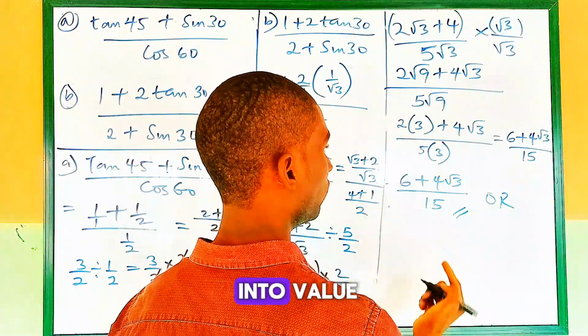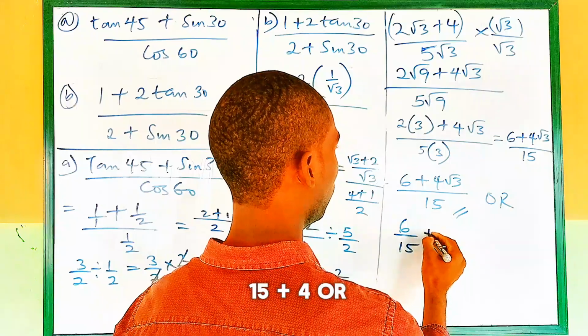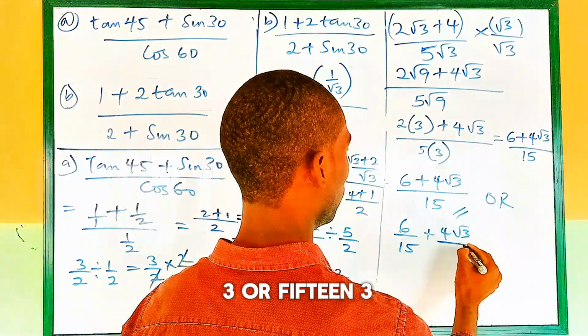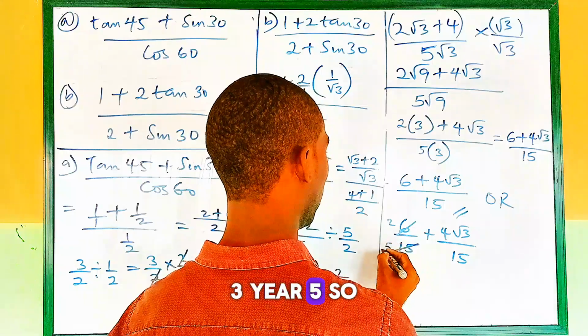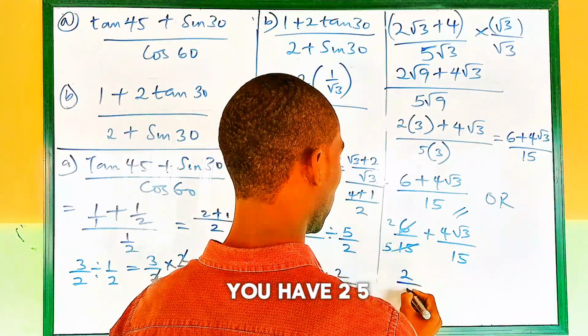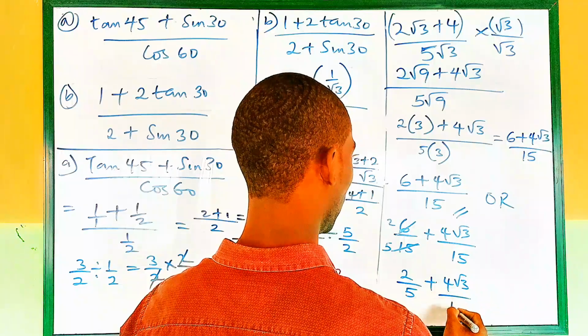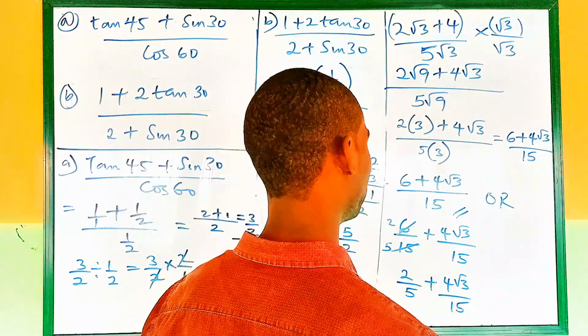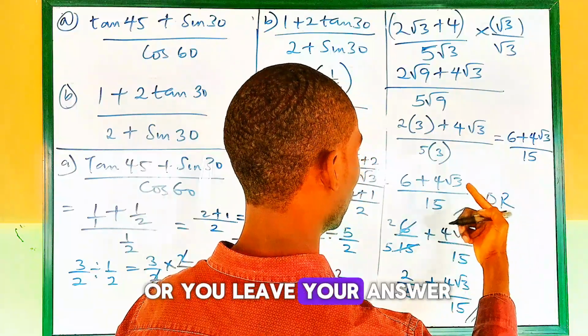3 can go in these two values, so you can split this into 6 over 15 plus 4 root 3 over 15. 3 here 2, 3 here 5. So you have 2 over 5 plus 4 root 3 over 15. You can leave your answer in this format, or you leave your answer like this.